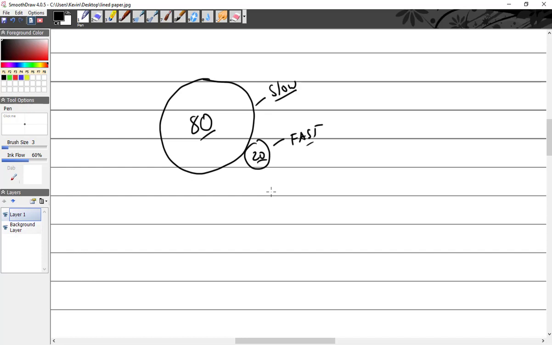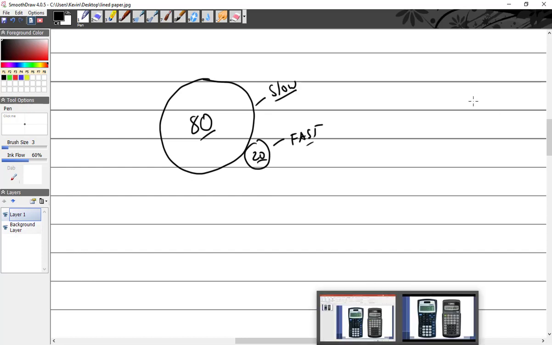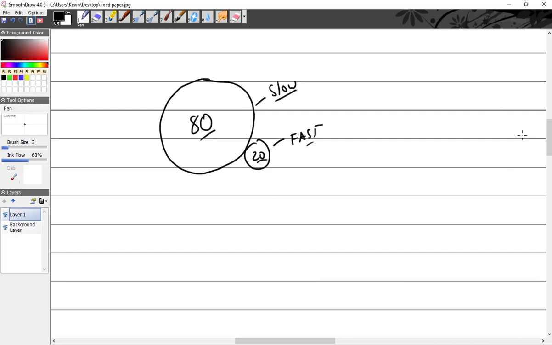So the ratio is different, or how you deal with the ratio is different.